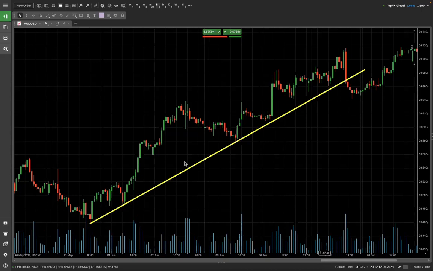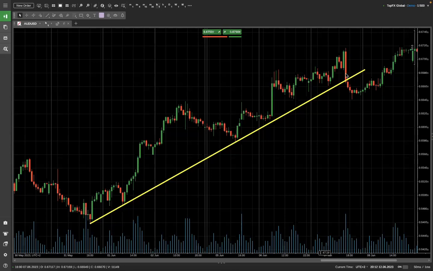So basically, the practical use of the trend line is that every time the market hits this trend line, it can be used as an entry point to trade according to the trend that is prevailing on the market, which is, of course, right now the uptrend.